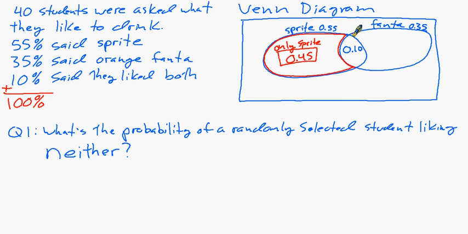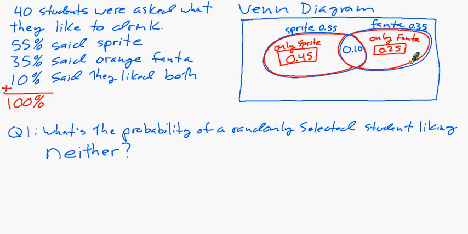We can do the same thing over here. How many people only like Fanta? Only Fanta. Same deal, right? So we could take away that 10% piece, and we have that.